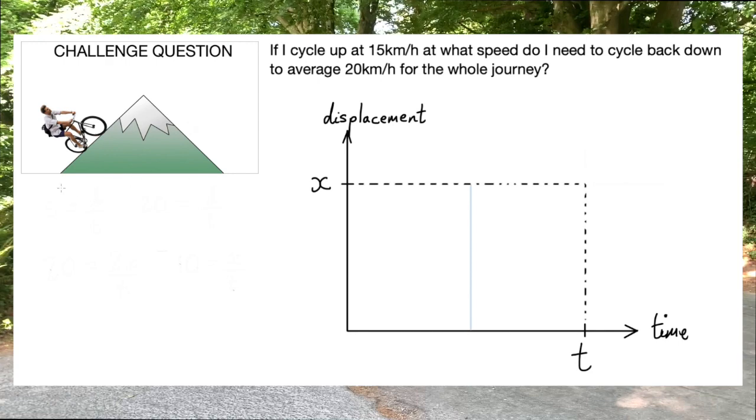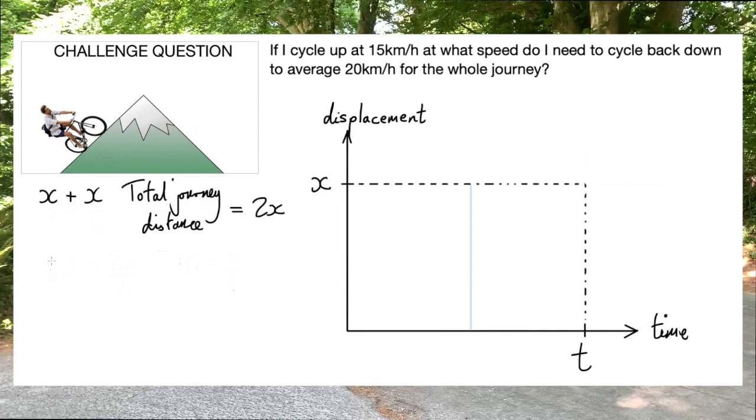Okay, so if we say that the distance up the hill is x, and the distance back down is also x, then the whole journey must be 2x. So the total journey distance equals 2x.